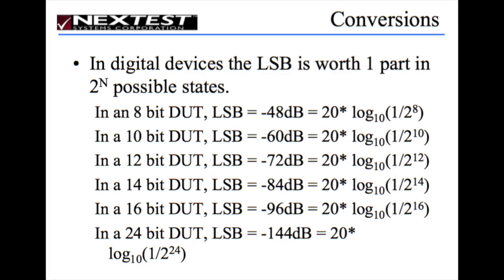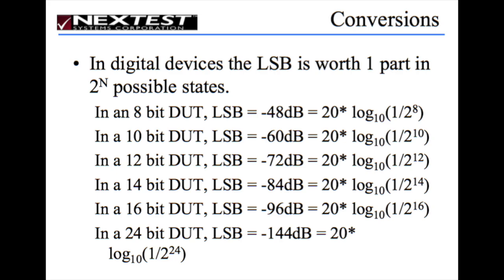Okay, in digital devices, the LSB is worth 1 part in 2 to the n possible states. In an 8-bit DUT, or device under test, the LSB is worth minus 48 dB. That's 20 times the log base 10 of 1 over 2 to the 8. In a 10-bit device, the LSB is good for minus 60 dB.